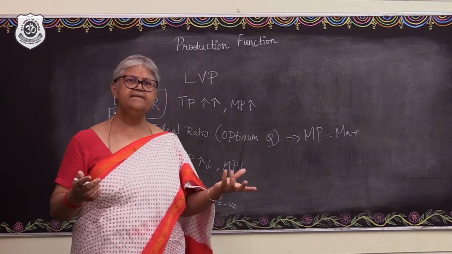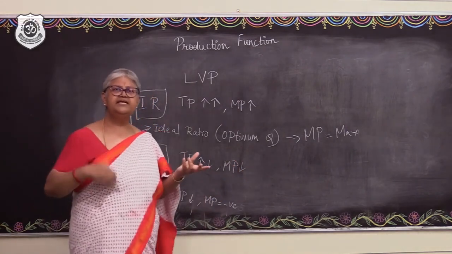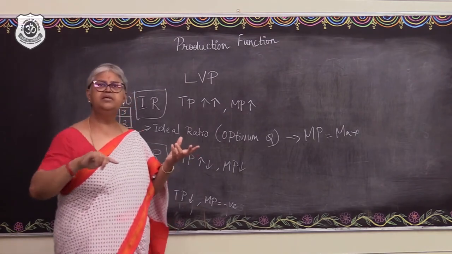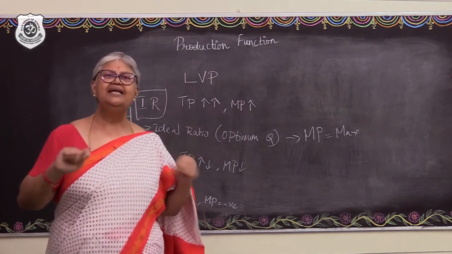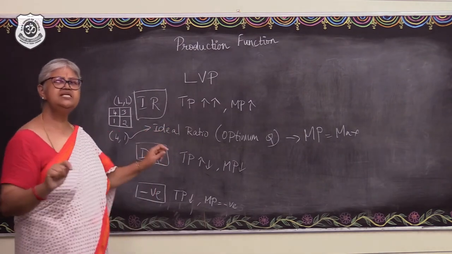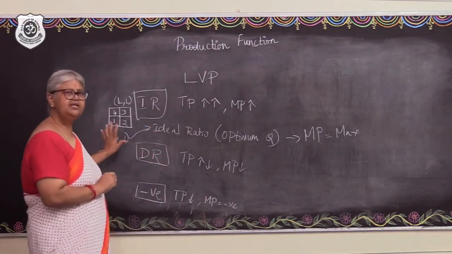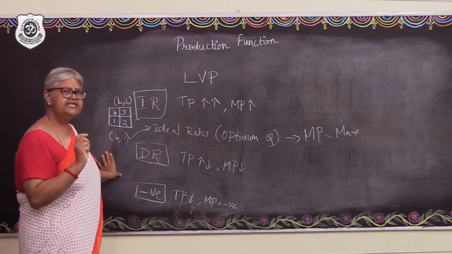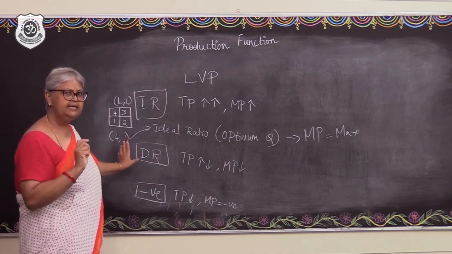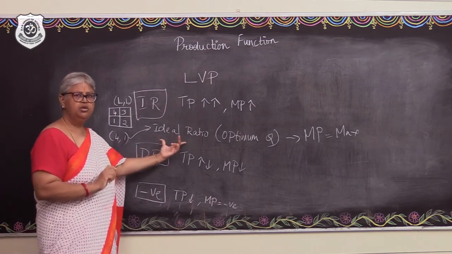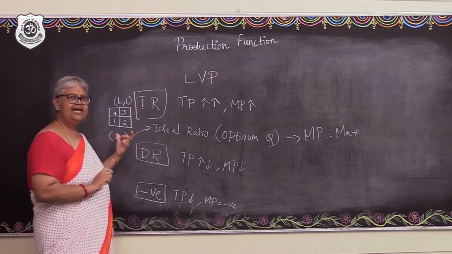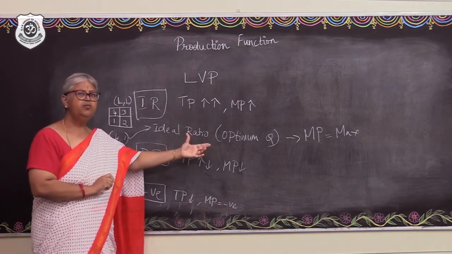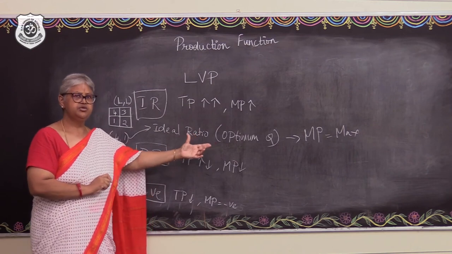So what happens then? When more people work in a place where less is required, the additionally employed people are going to be contributing less. That's precisely what happens here. Now 4 people were contributing just the right amount. They were completely utilizing the fixed factor, namely the land, and the ratio of the labor and the land was the ideal ratio, and that gave the optimum output without straining the resources.